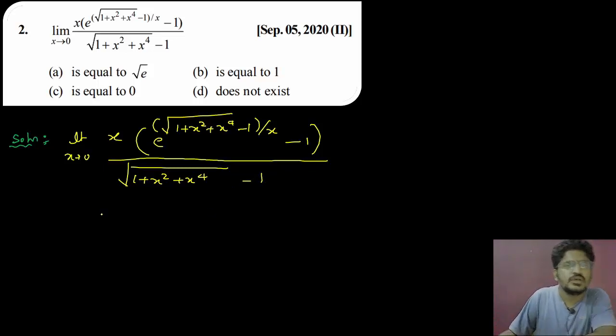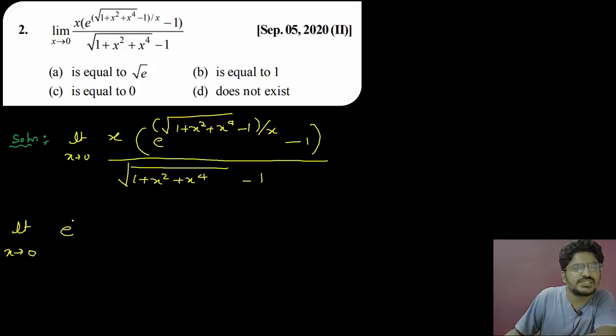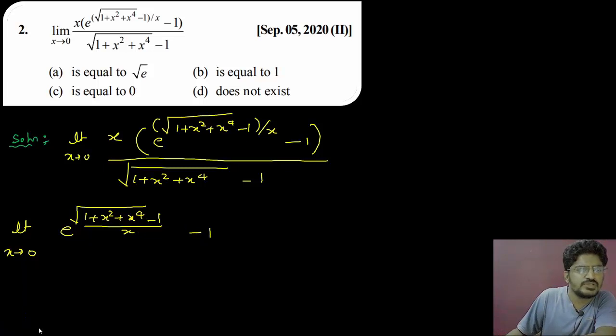Now we can write this problem as limit x tending to 0 of e to the power of root of 1 plus x square plus x to the power of 4 minus 1, and this term is divided by x, complete term minus 1. Let us write it a little bit neatly, don't get confused.